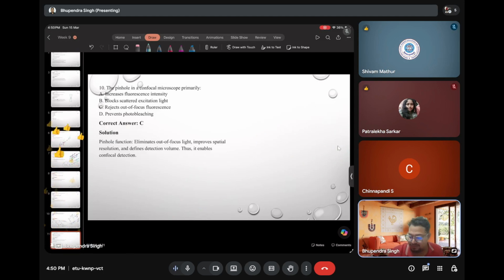Okay, moving on to the next question. The pinhole in a confocal microscope primarily increases fluorescence intensity, blocks scattered excitation light, rejects out of focus fluorescence, or prevents photobleaching.